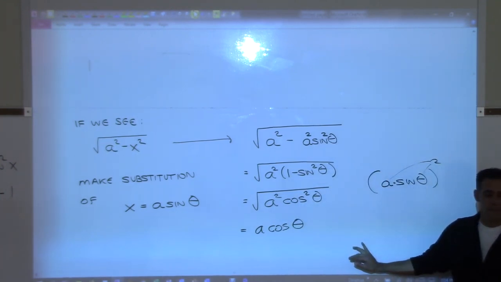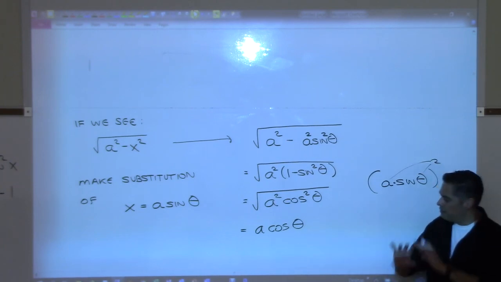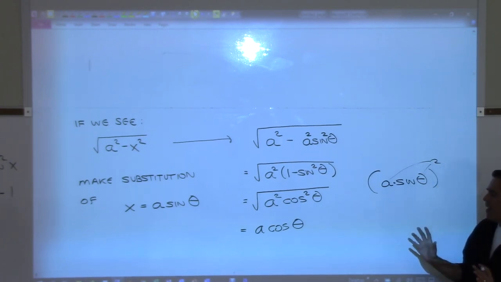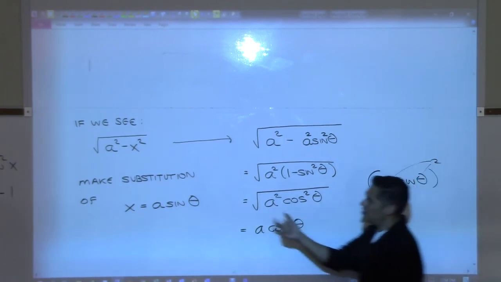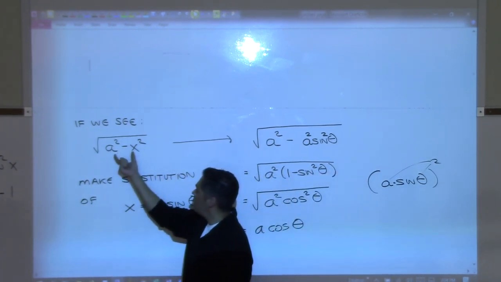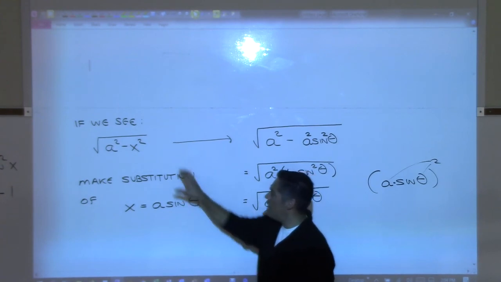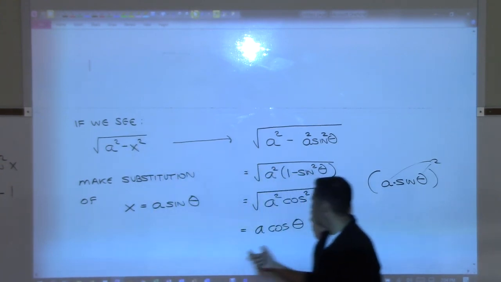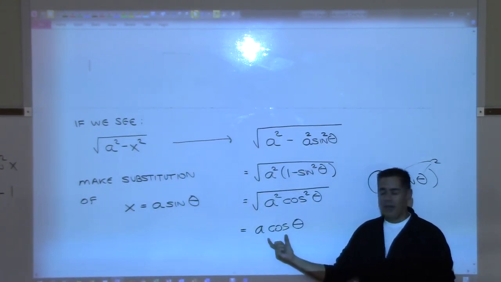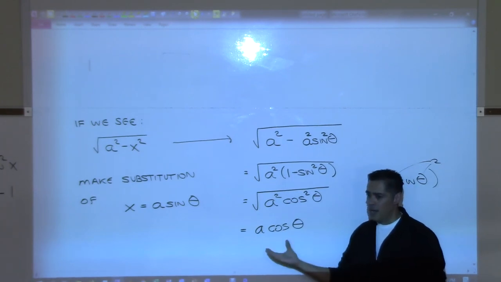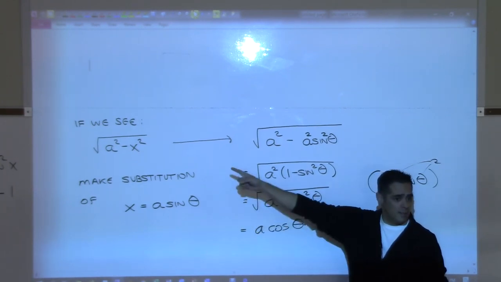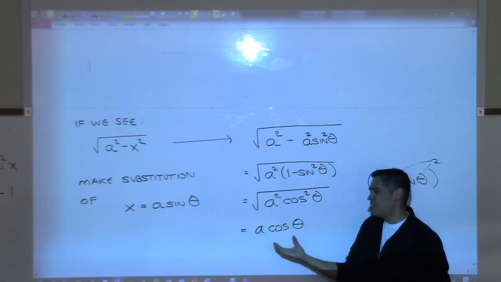Right? So let's just shortly recap what just happened. If we see this complicated square root expression, and we replace the x with a sine theta, that complicated expression turns into that expression, doesn't it? And if I asked you to integrate something like this, I think you'd be much happier than integrating something like that. Would you agree? Because this is just a cosine. We can integrate cosine all day.